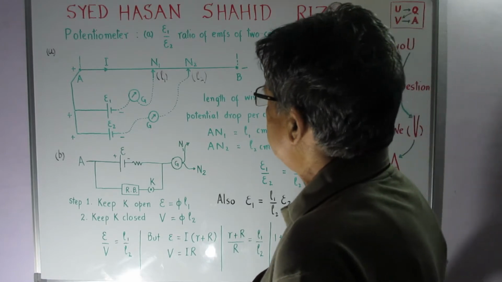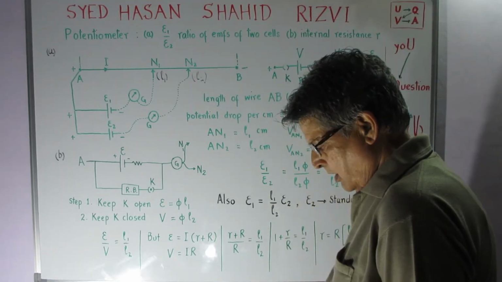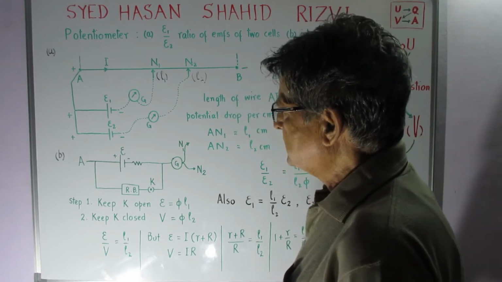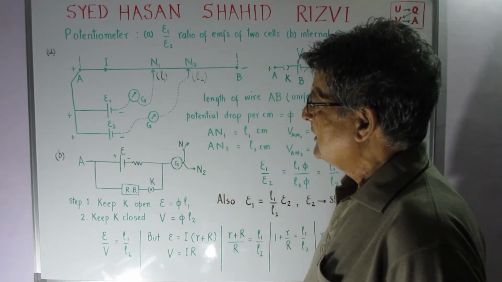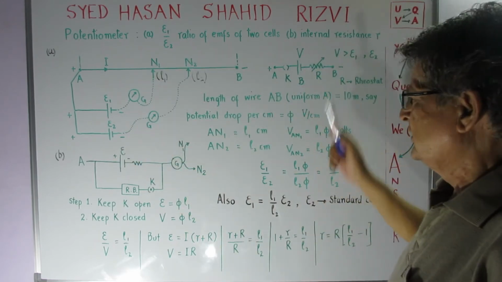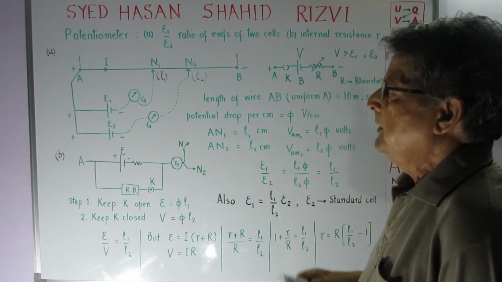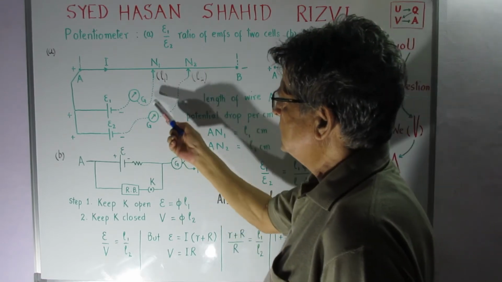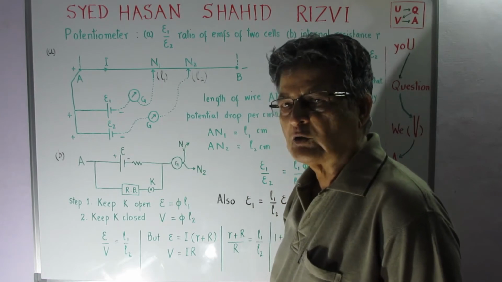Now in the first part, as I said, we are going to compare the EMFs of two cells. Maybe they are the primary cells and this is the secondary cell. Okay. This is an accumulator. So what I have shown here is two galvanometers, but actually there is only a single galvanometer.